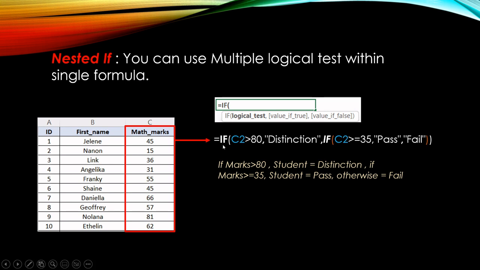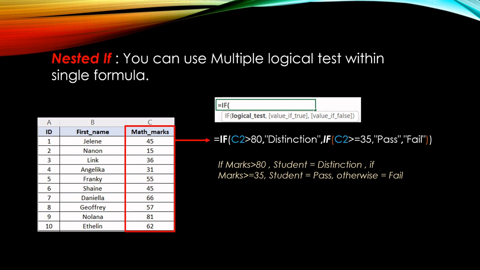So in this case, it's saying C2 greater than 80, yes or no. If it is, we are going to call the student a distinction and stop there. If it is not, we are going to move to our next test, which is: is the marks greater than or equal to 35? Yes or no. If it is, call the student pass and stop there.